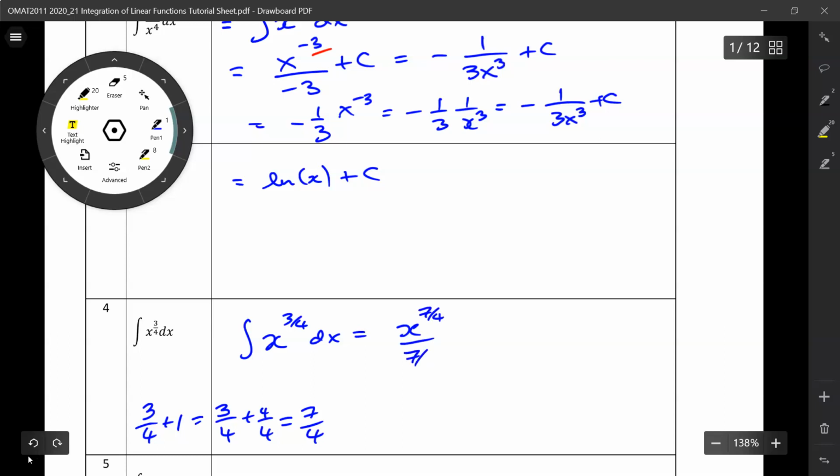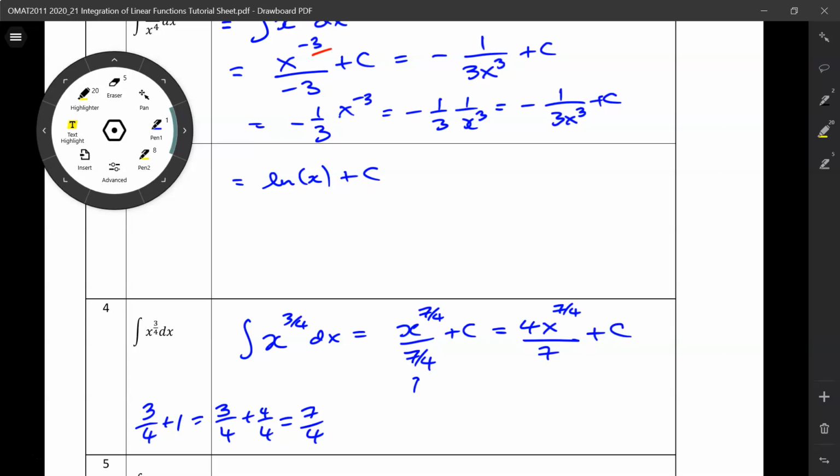Divided by 7 over 4, plus your constant of integration, and then we can just simplify that. If we're dividing by 7/4, that's the same as multiplying by 4 over 7. So we can basically invert it. So it's 4 times x to the power of 7 over 4 divided by the 7 plus your constant of integration.